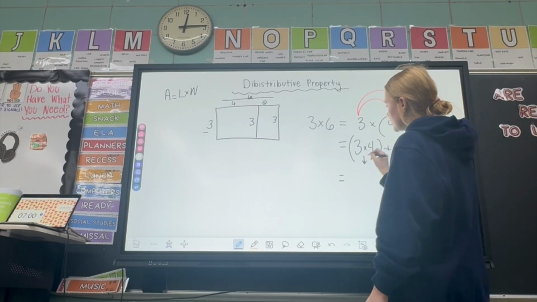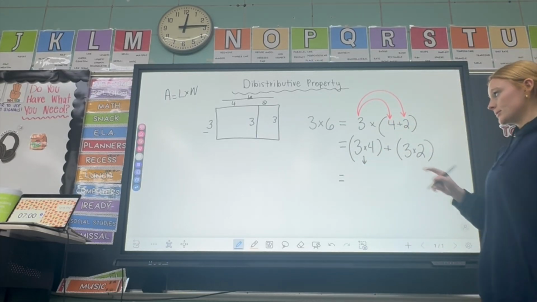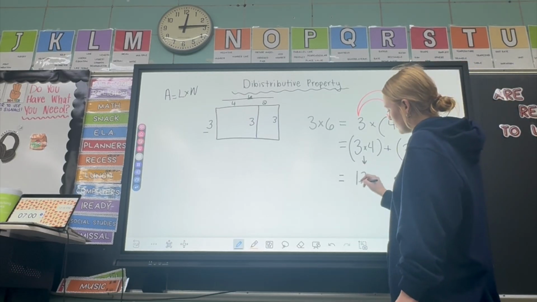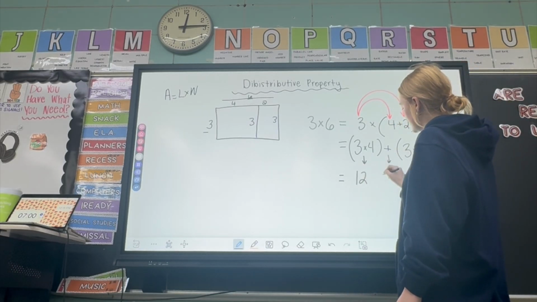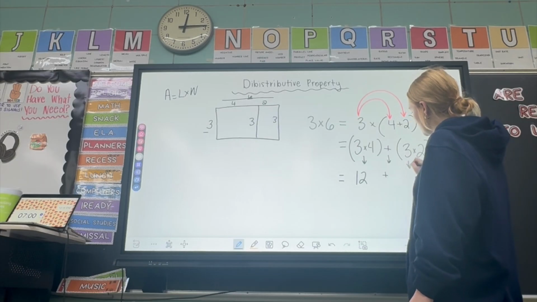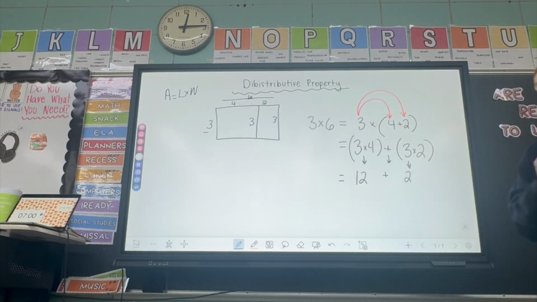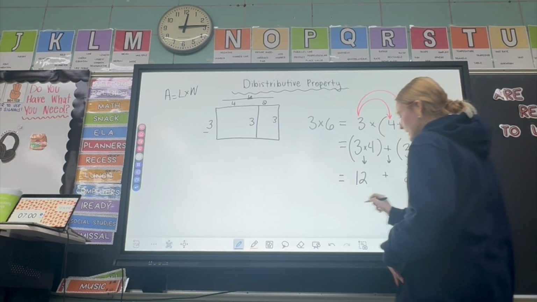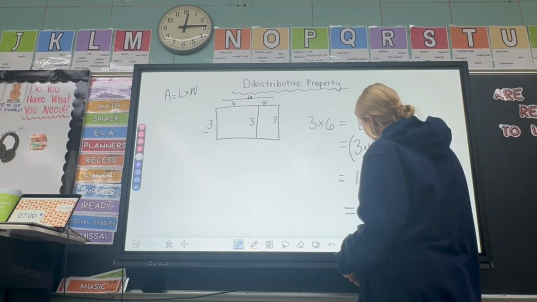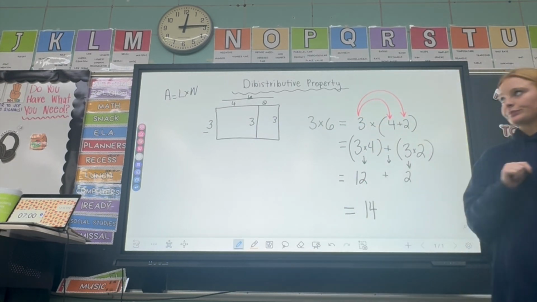Then I'm going to solve for each of these individual problems. So 3 times 4 is 12. Bring down the plus sign. 3 times 2 is 6. All I have to do now is add these together, and I got 14.